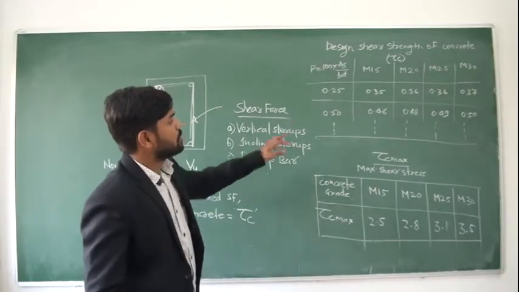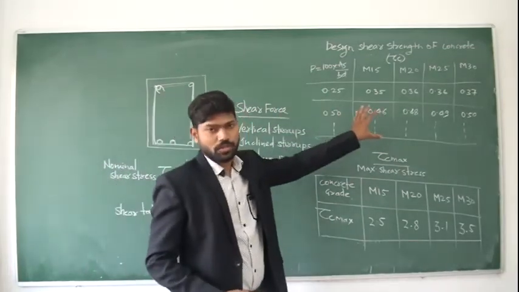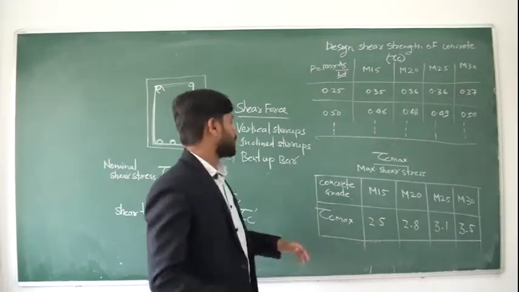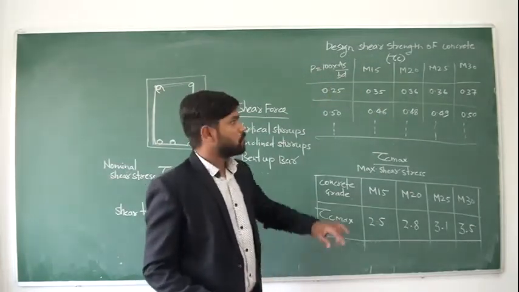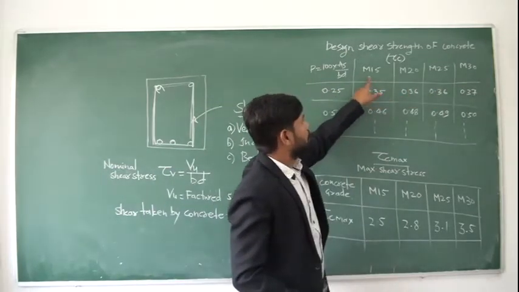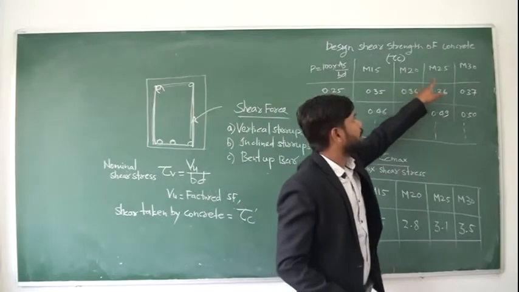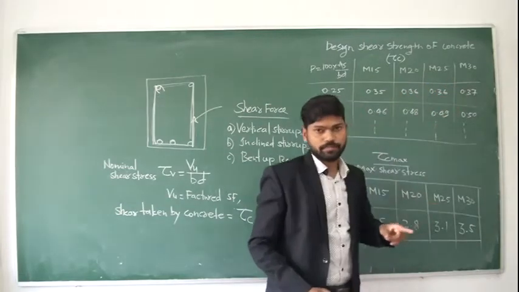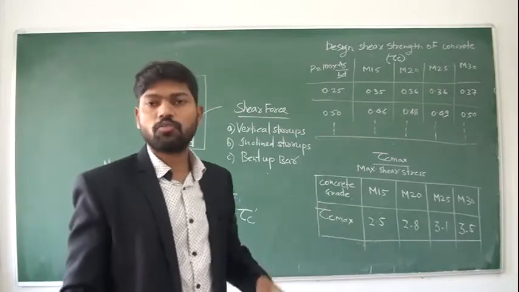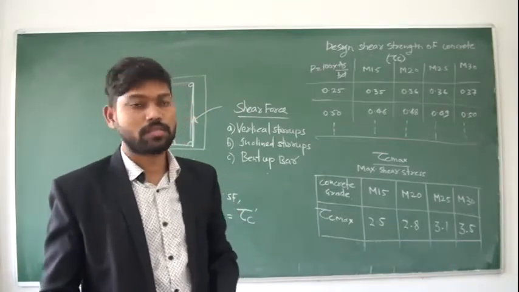You can see a table in IS 456 which gives the design shear strength of concrete, meaning the shear taken by the concrete tau c. The columns give M15, M20, M25 and M30, so for these 4 grades the tau c value is given in IS 456.